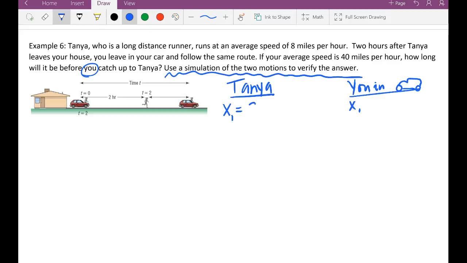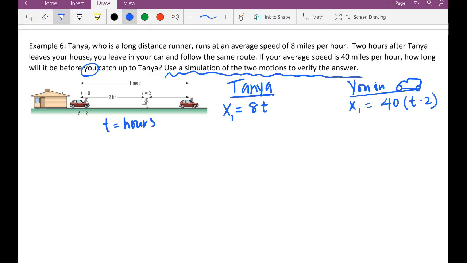Tanya has a rate of 8 miles for every hour, so our time is going to be in hours. T equals hours. Now, you in a car have a rate of 40 miles per hour, but you leave 2 hours after Tanya, so it's going to be t minus 2.